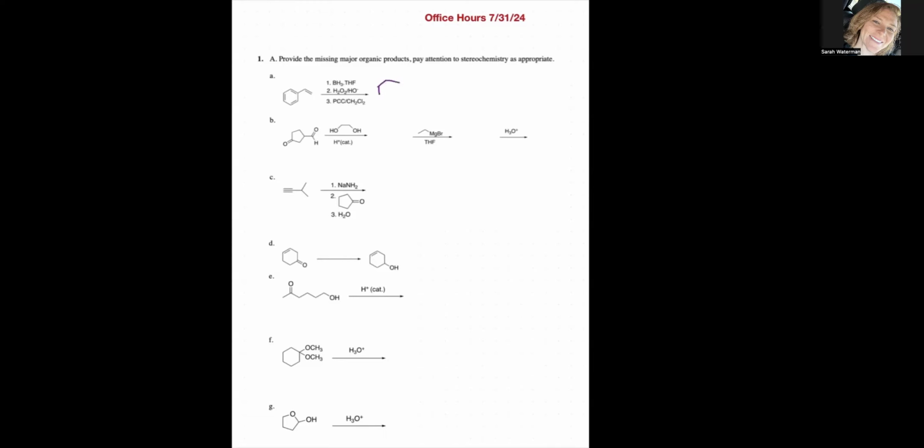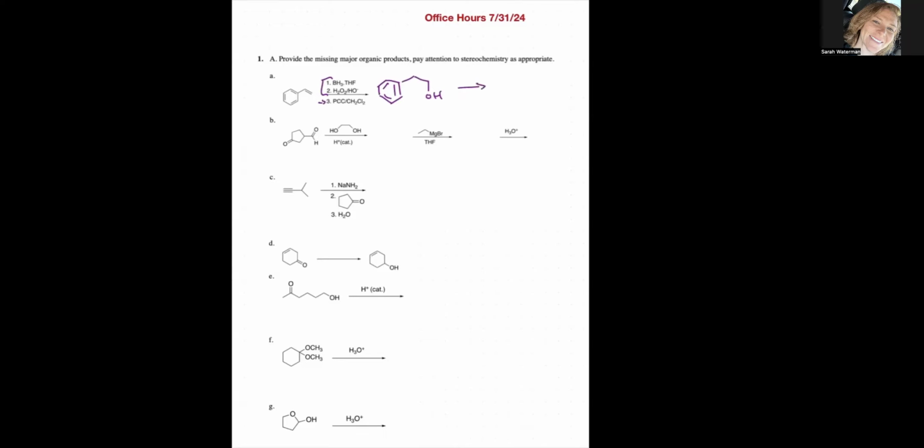So we have our ring, and then we have our alcohol here. So there's our anti-Markovnikov. And this is all one step, right? And then our one and two, but it's all done within the same reaction here.